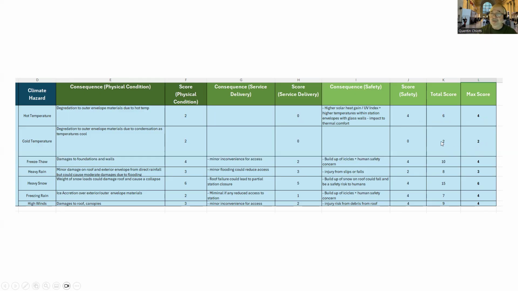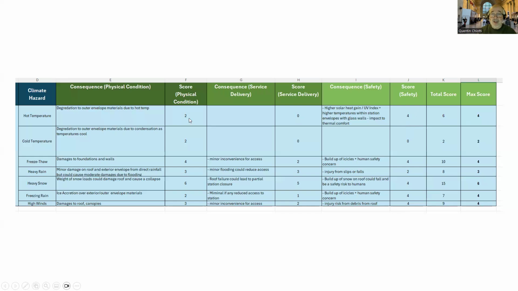So in any event, there are errors that you can make, and I think I've corrected it here. We do have a total score of 2 and a maximum score of 2. So the idea of the maximum score is that given the 3 categories, which one has the highest score, and that's the one that you bring forward.